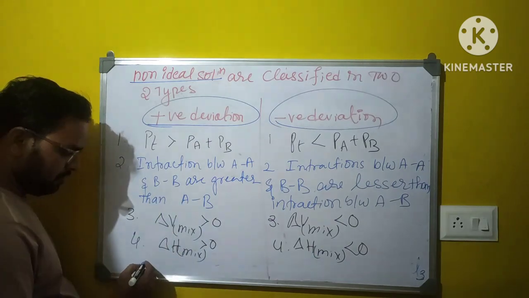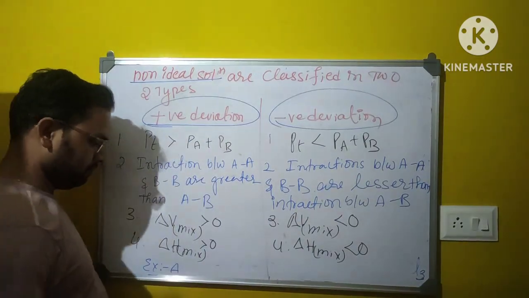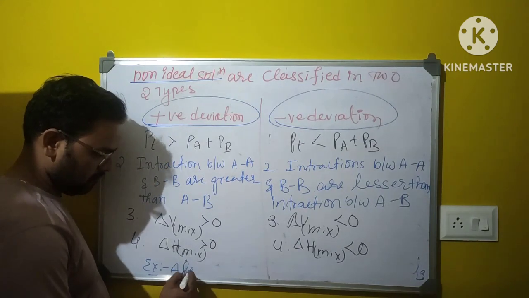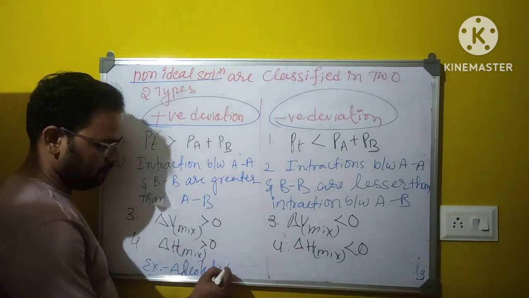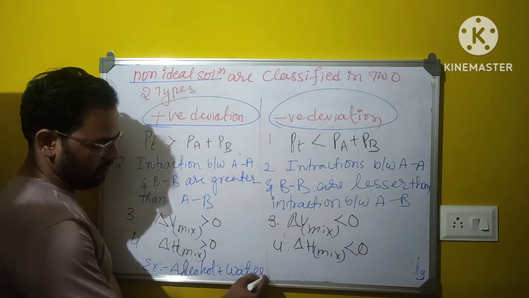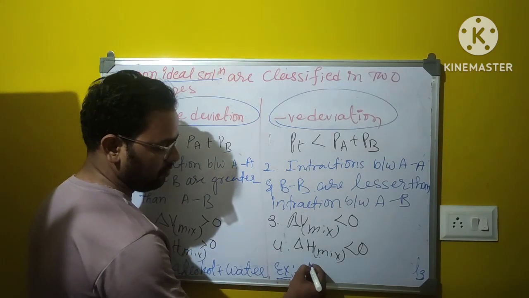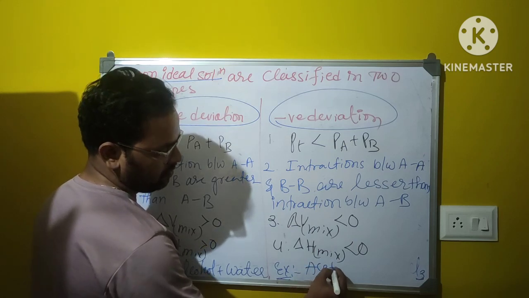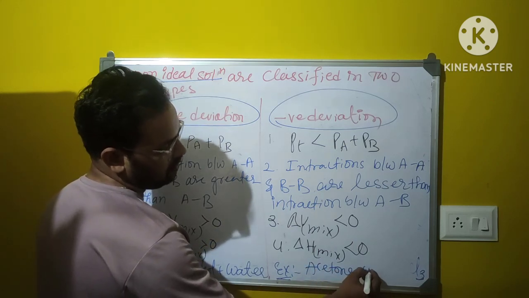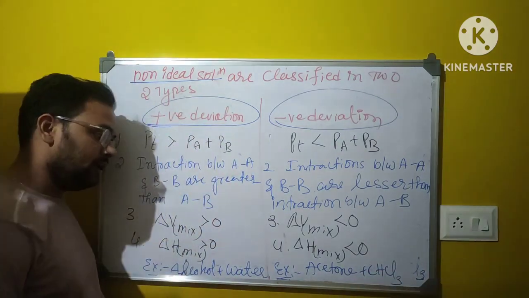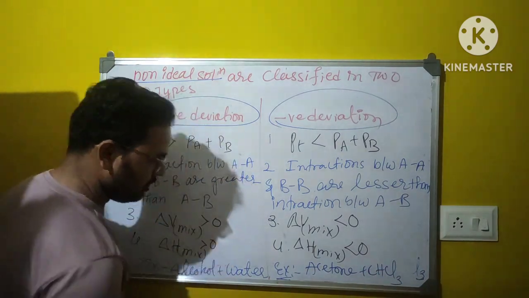Example for positive deviation, alcohol and water. Here negative deviation example, acetone and chloroform, CHCl3. Acetone and chloroform are the example for negative deviation.